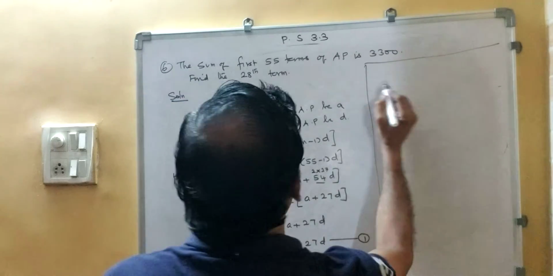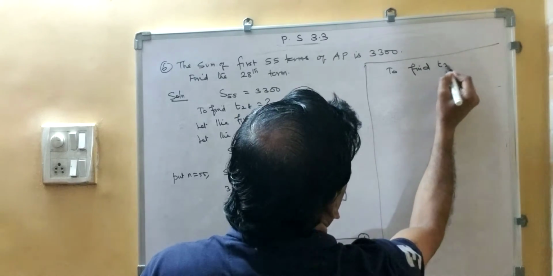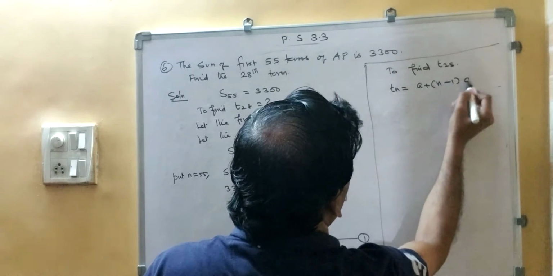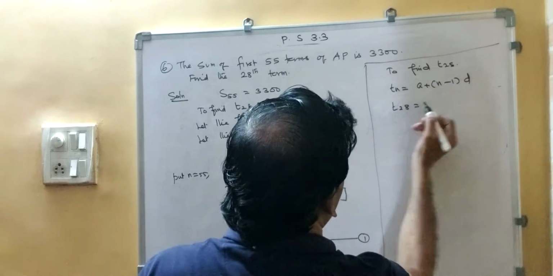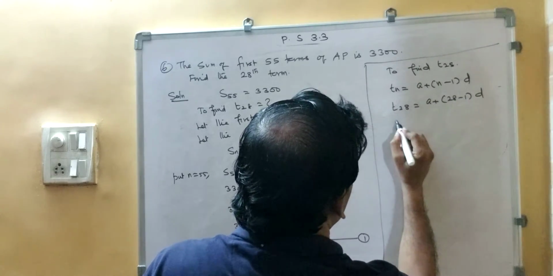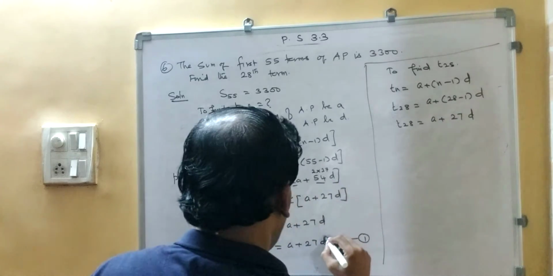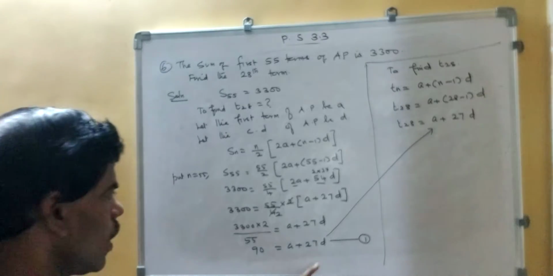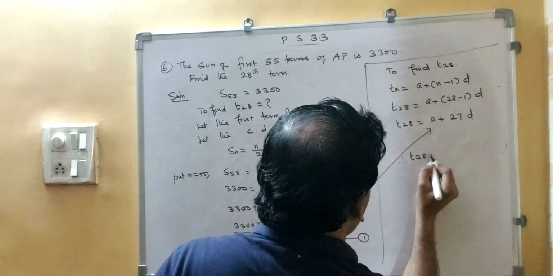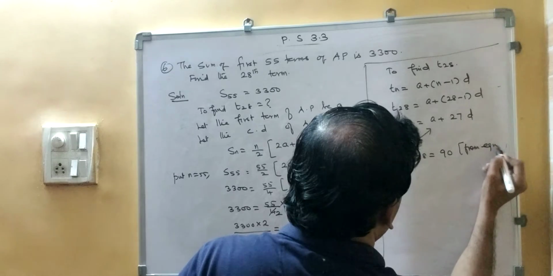Now we have to find out T28. To find T28, what is Tn formula? A plus (n minus 1) into d. So T28 equal to A plus (28 minus 1) into d. So T28 equal to A plus 27d. Now look at this. What is A plus 27d? It is 60. Therefore, T28 equal to 60 from equation 1.